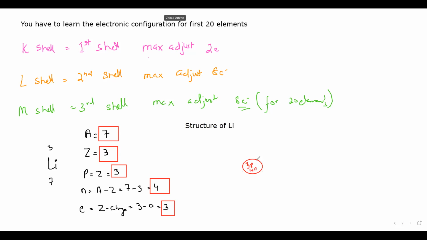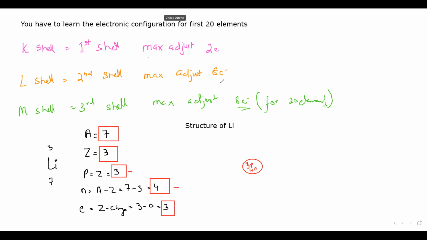Is it clear till now? I can draw them separately, but to save space I just draw them as one and write the numbers.